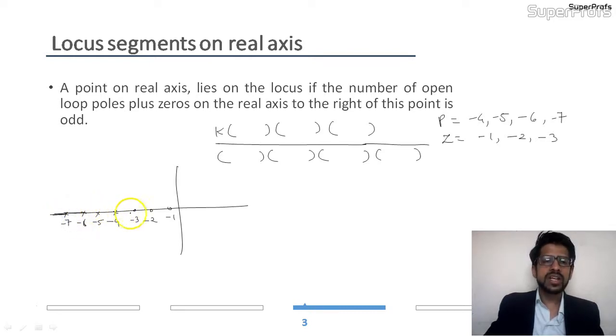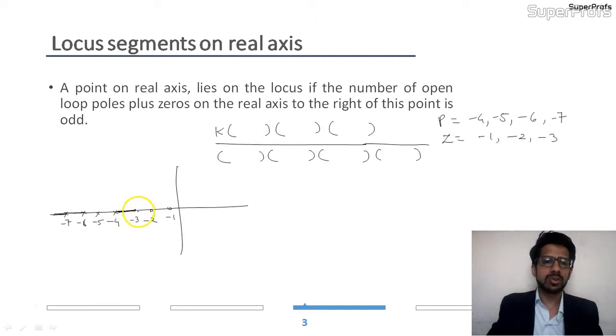Now, how to determine which part is actually on the root locus? If a point on a real axis lies on the root locus, the number of open loop poles plus open loop zeros on the real axis to the right of that point is odd. Okay, so if you are talking about this particular point here or this segment, wherein you have to check if this particular part lies on the root locus or not, what you have to check is the total number of poles and zeros to the right of this particular line segment.